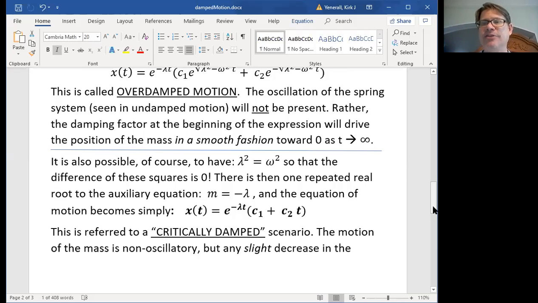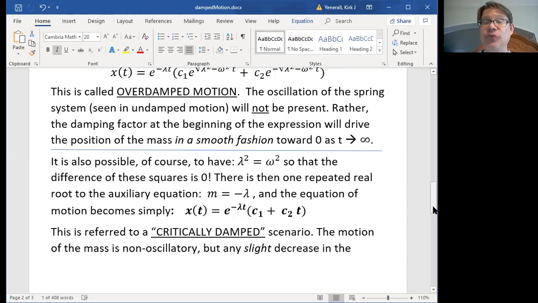And so that means our solution will be of the form C1 times e to the negative lambda t plus C2 times t times e to the negative lambda t, because of the repeated root situation in our theory from chapter 4. This scenario is what's called critically damped. Critically damped is when lambda squared and omega squared are exactly the same as one another.